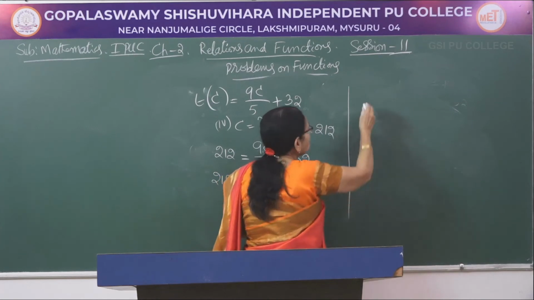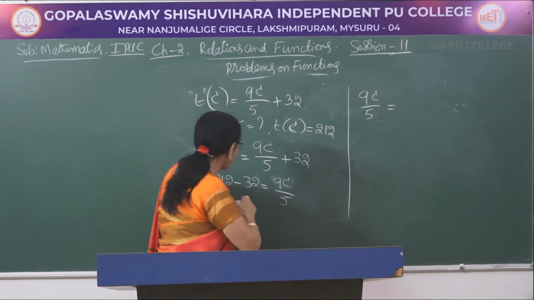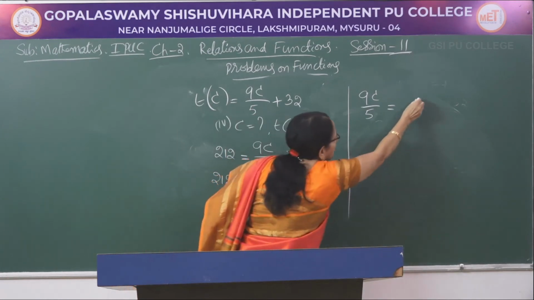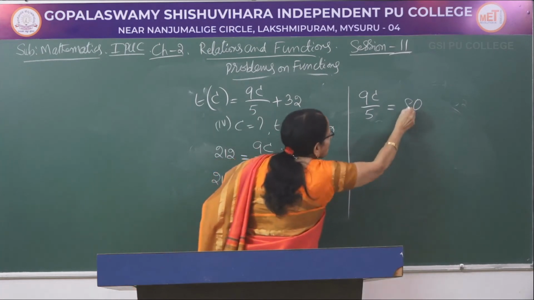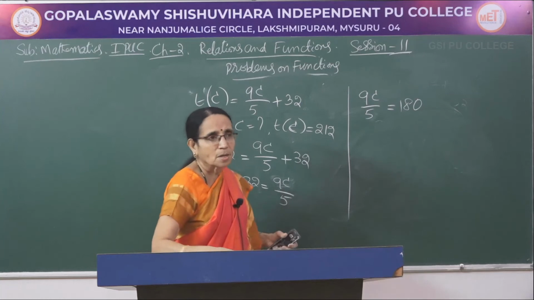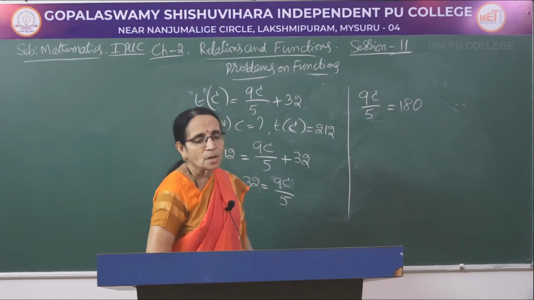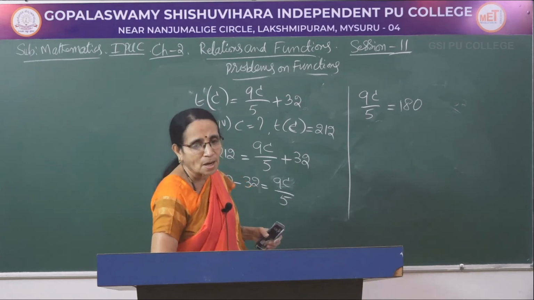Now, it is nothing but a simple arithmetical calculation, that's all. So, 212 minus 32 is equal to how much? 180.